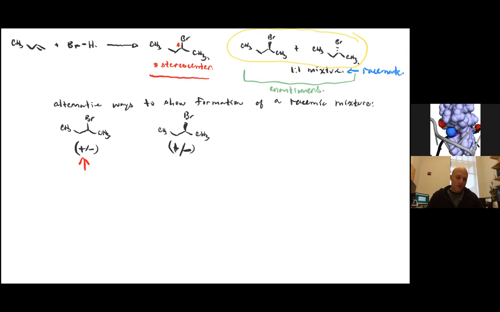Okay, so returning to this hydrobromination reaction, the question is, how do we account mechanistically for the formation of both enantiomers? Okay, and we know that the first step in this reaction involves protonation to form a carbocation intermediate.